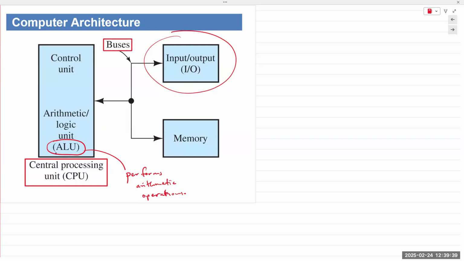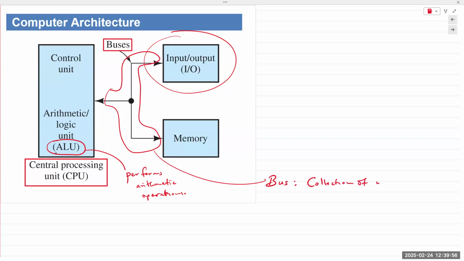So a bus, which is basically what you see here, is nothing but a bunch of wires. It carries information, it carries data from point A to point B to point C, and so on and so forth.